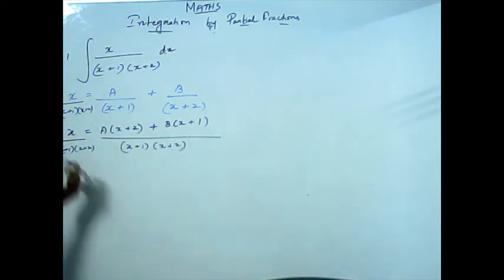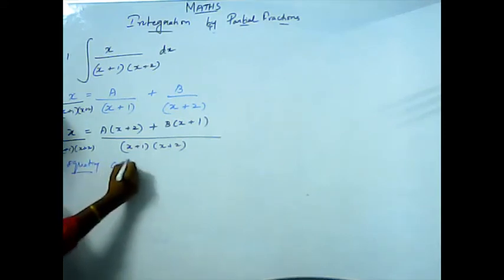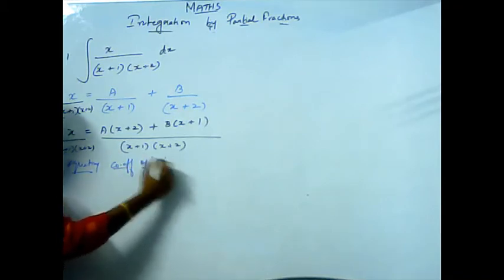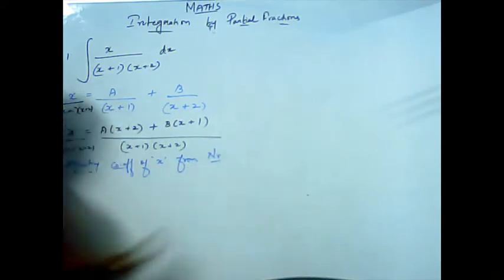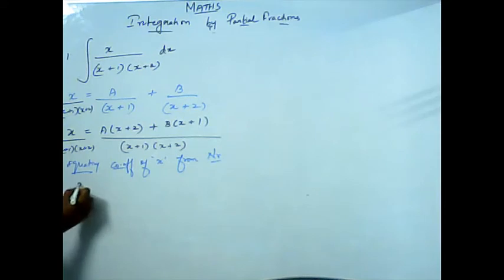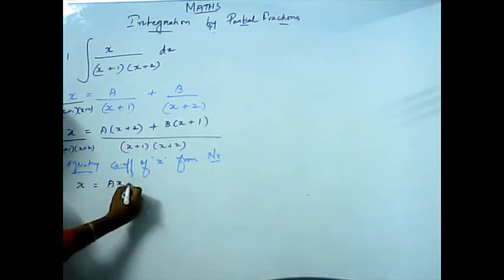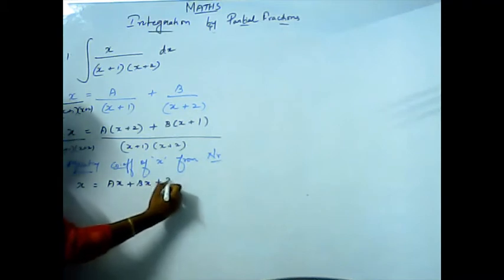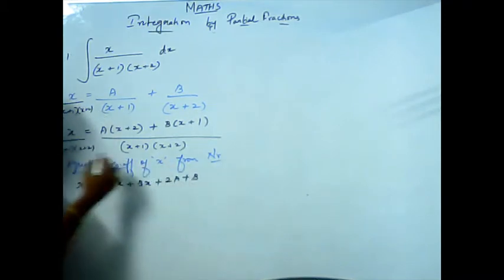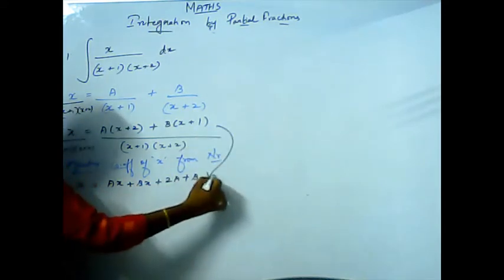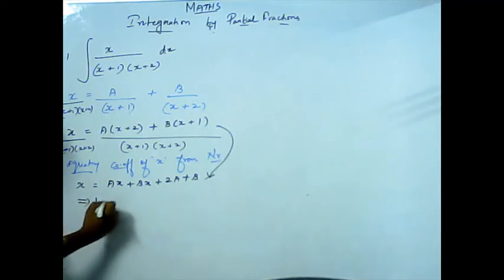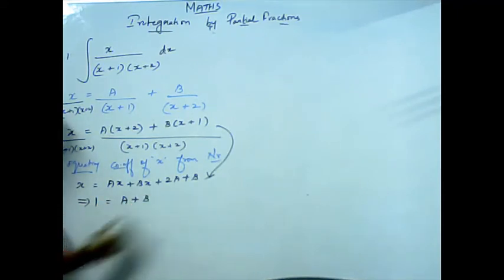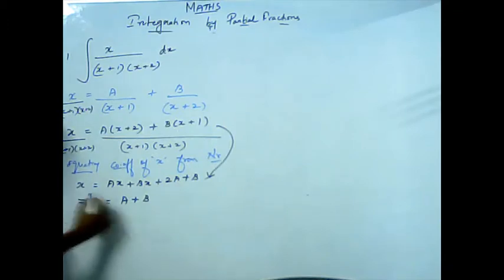When you equate the coefficients in the numerator, we can find the values of A and B. So actually x is equal to Ax plus Bx plus 2A plus B. This is the given equation. Equating the coefficient of x implies 1 is equal to A plus B.